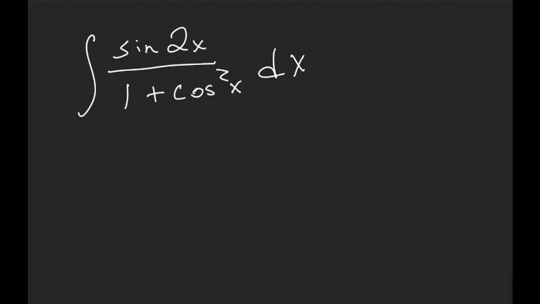Okay, so we have to note sine 2x is equal to 2 cosine x sine x.